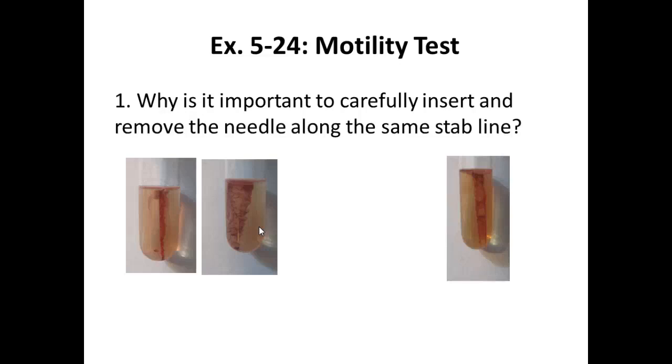So is this positive for motility? No. If it was positive for motility, if you were to turn this tube, you would see spreading all throughout the tube. You turn it 360 degrees. So you'll notice when you are recording your results, we want you to record two angles, 90 degrees or 180 degrees from each other.